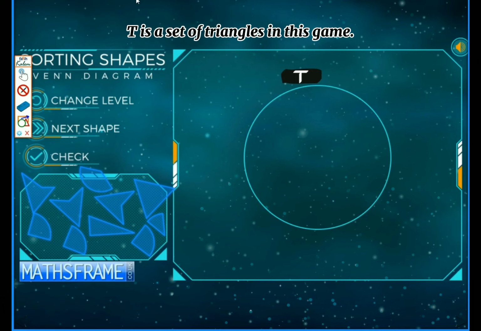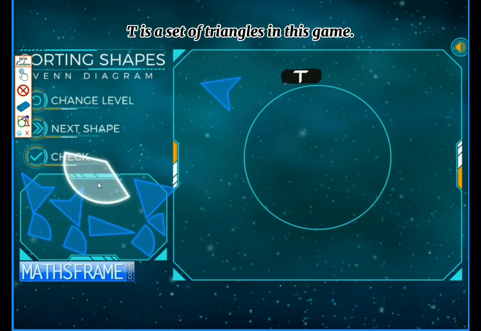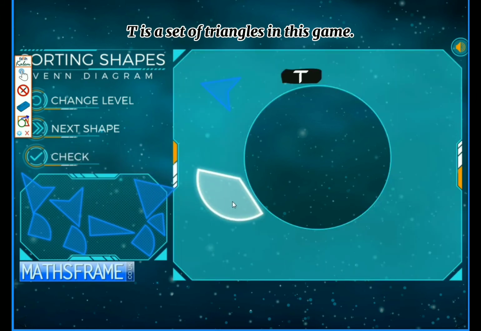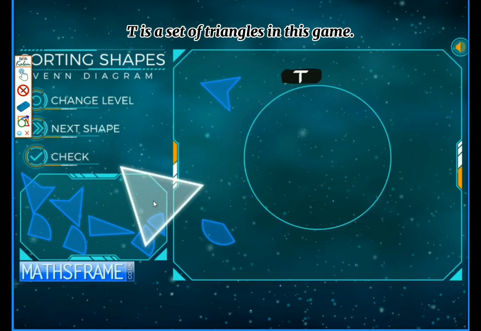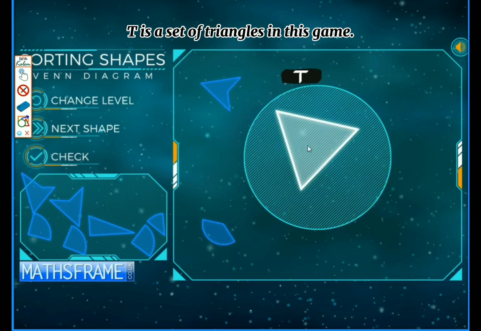Let's start. This shape is not a triangle, therefore I should put this shape outside of the Venn diagram. This shape is also not a triangle, therefore I should put this outside. This shape is a triangle and I put this in the Venn diagram.